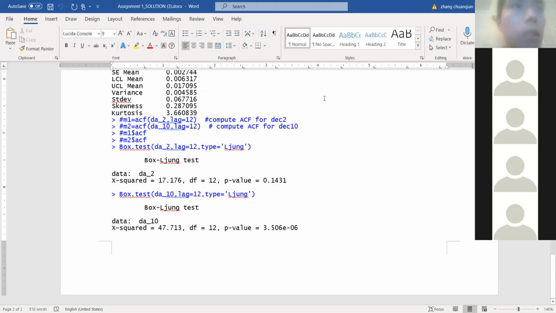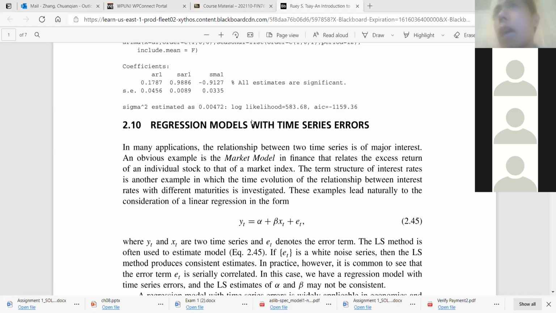So let me go to our case studies. Today I'm going to talk about a case I downloaded from our textbook, which is a mini case about time series estimation for the asset price model.